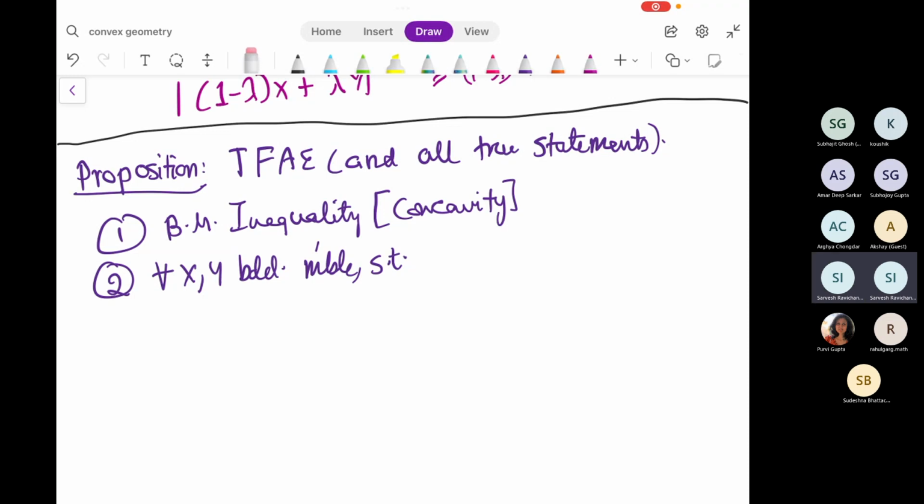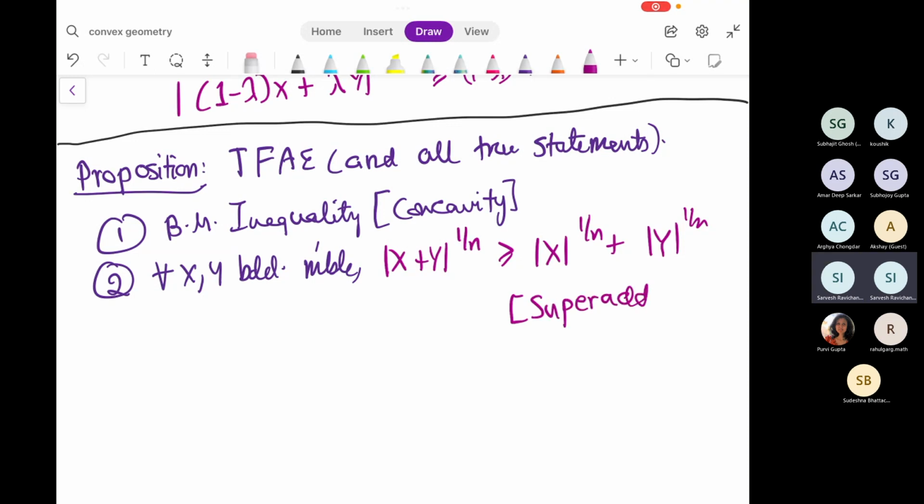Then, in fact, you just get superadditivity. That is, mod of x plus y to the 1 by n is greater than or equal to the Lebesgue measure of x to the 1 by n plus the Lebesgue measure of y to the 1 by n. So the way to look at this equation is to think of it as a superadditivity of that particular function. And finally, the third, which is an even weaker notion, is of quasi-concavity.